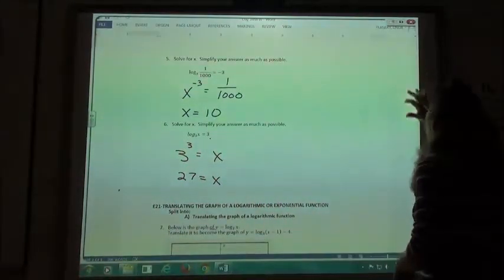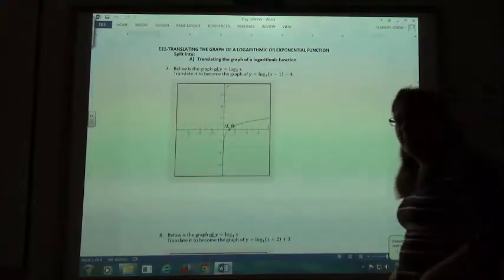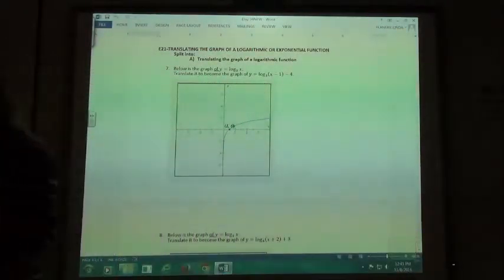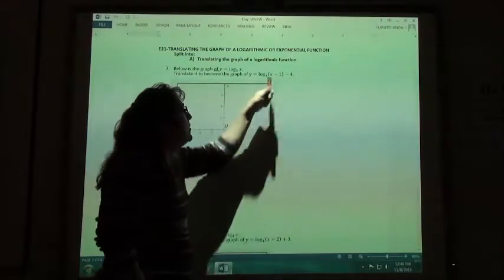All right. Translating my graph. This should be the same thing we did when we translated all those other graphs, right? If the value is in with the x, it switches it left or right. If the number's on the end, it goes up or down. We have to remember with the x that we set that part equal to 0.